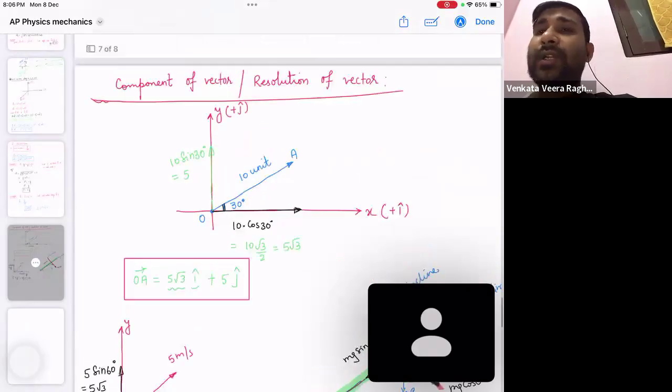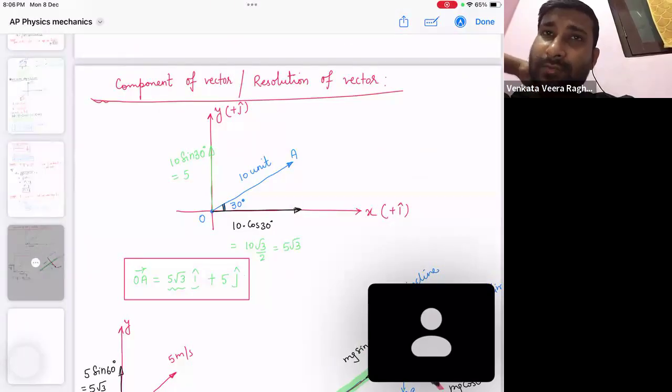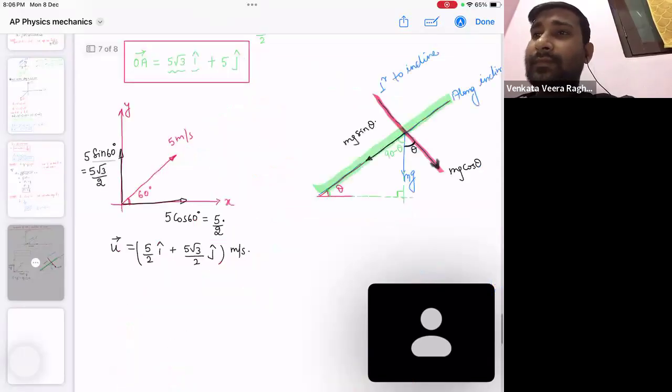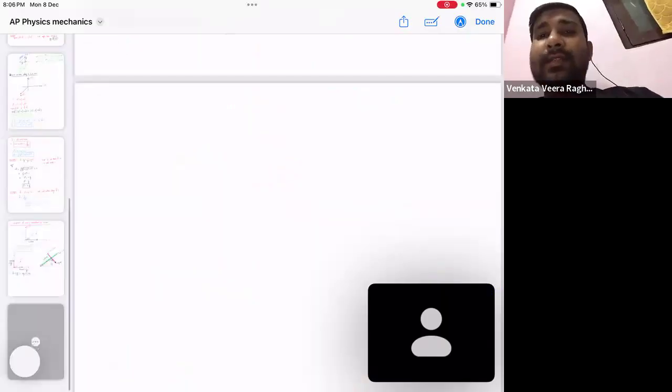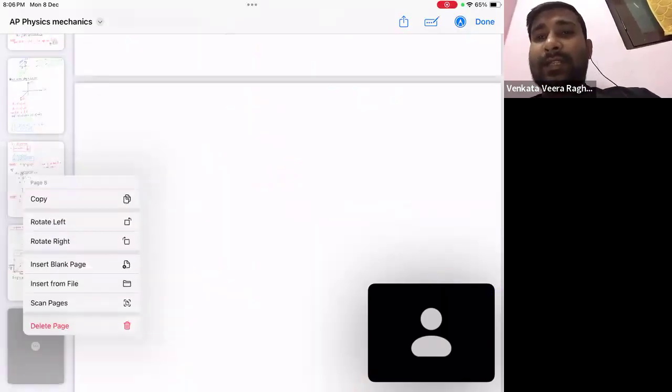The two most important things from the vector chapter, which we will use a lot later in kinematics, NLM, the work energy chapter, and throughout physics, are the vector in component form, and how to take the component of a vector. So let's start with the position vector, and then we will enter the kinematics part.